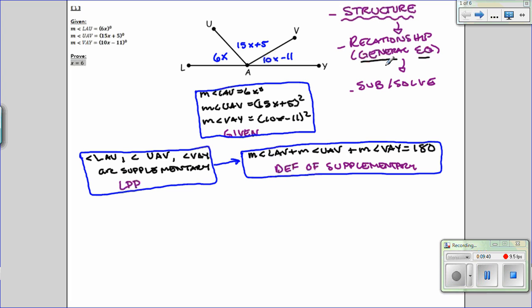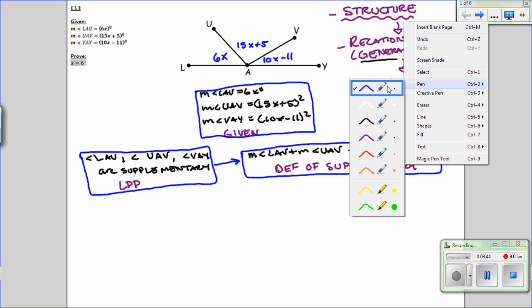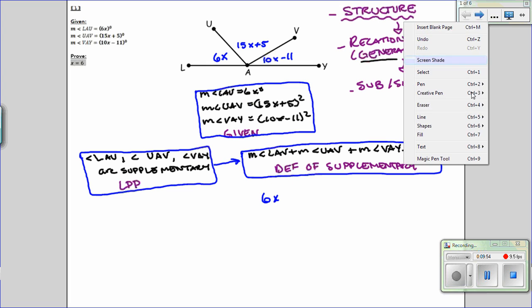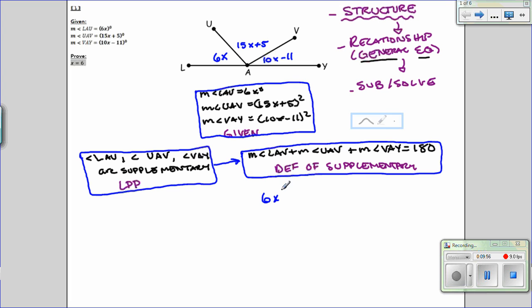Let's do that. Instead of the measurement of LAV, I'll use something LAV is equal to, in this case, 6x, plus the measurement of UAV, where again I can do a replacement. We're looking at 15x plus 5.